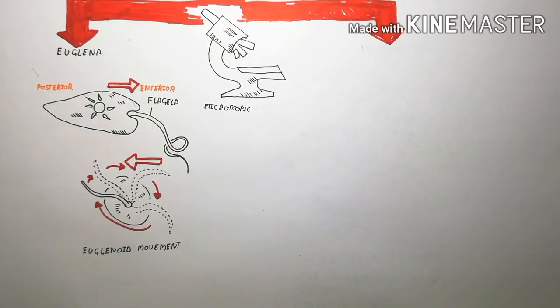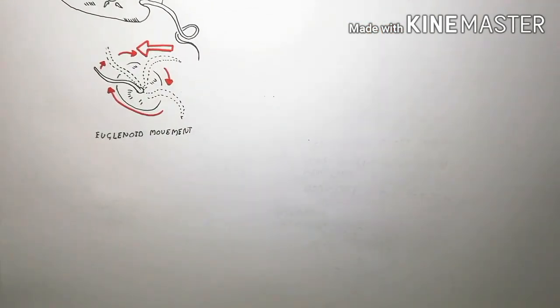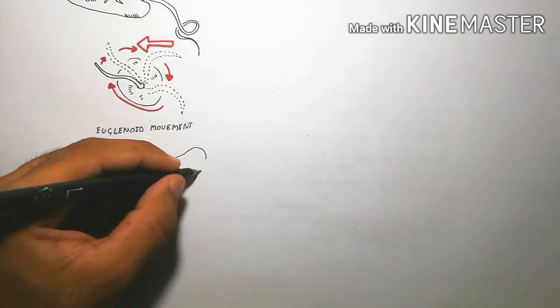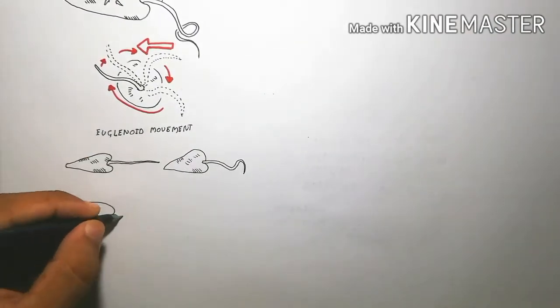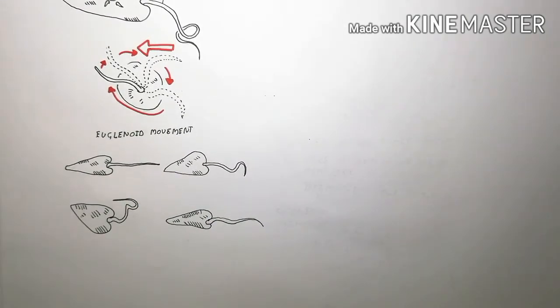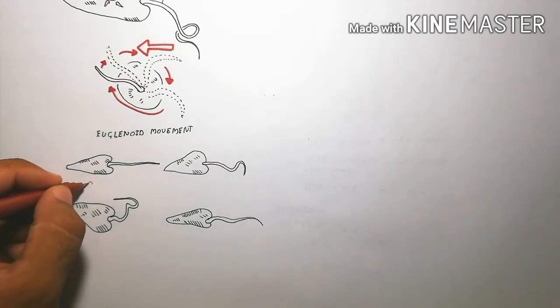The flagella move circularly as well as backward by contraction, and the thickness of their body helps propel the movement forward like this.